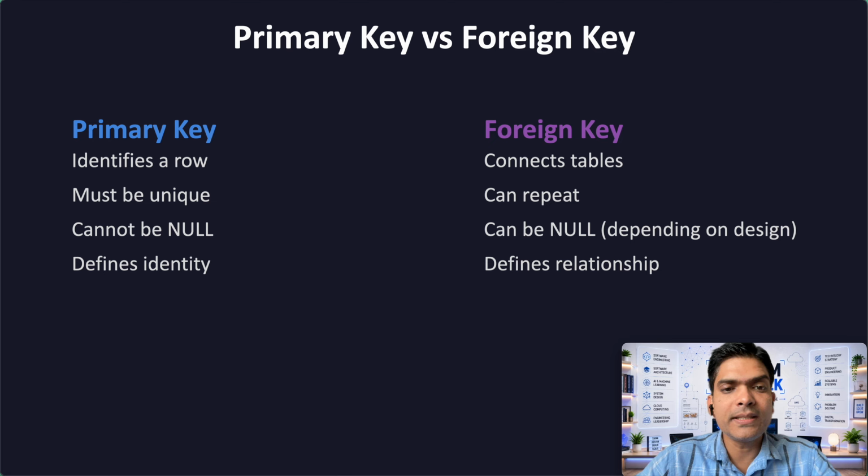Another important difference is that a primary key must be unique. A foreign key does not necessarily have to be unique. In fact, the same customer ID can appear in many orders because one customer can place many orders.